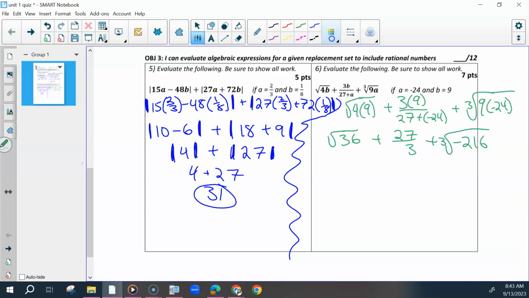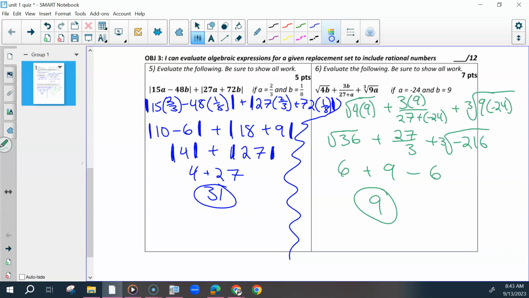Simplify again. And then simplify to get your final. So the 7 points on this were, did you put everything in correctly as is? Did you simplify each piece? So the square root, the top, the numerator of the fraction, the denominator of the fraction, the cube root. Did you simplify correctly again? And then did you get the correct final answer? Any questions about that one?